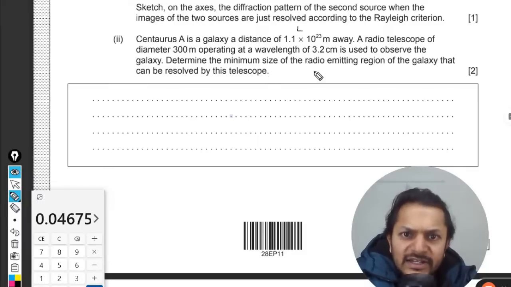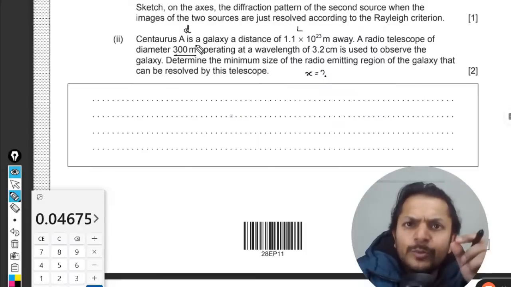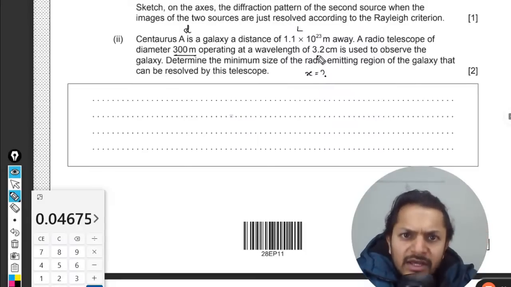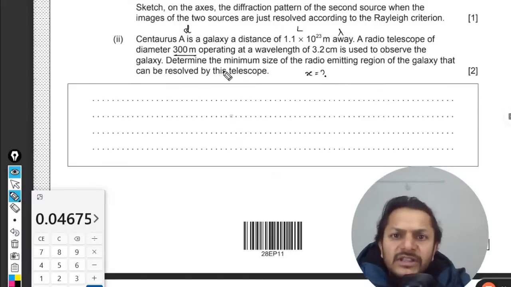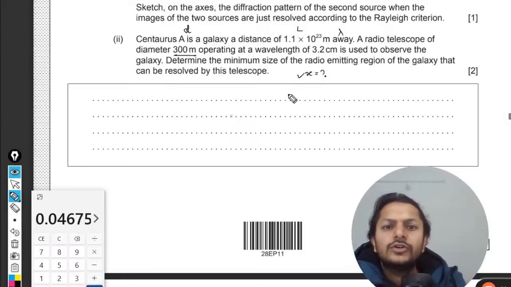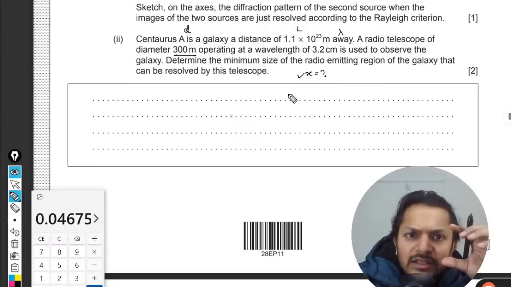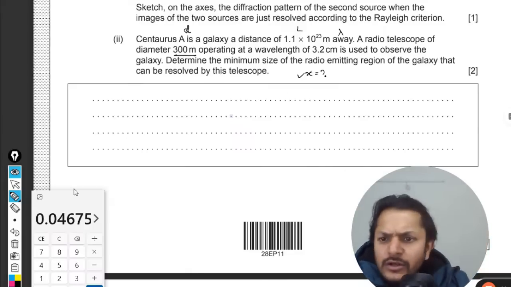X is basically unknown, the radio telescope, and this is the diameter of the aperture I was talking about, whether it is a telescope or a radar or whatever. This is the wavelength that is being used there. So determine the minimum size of the radio emitting region of the galaxy. So you have to find the minimum distance between two stars that will be resolved.